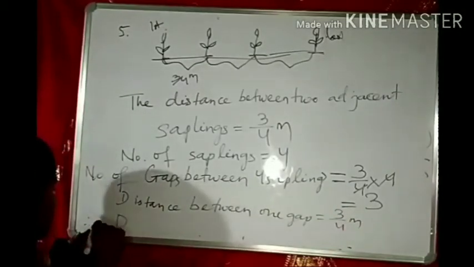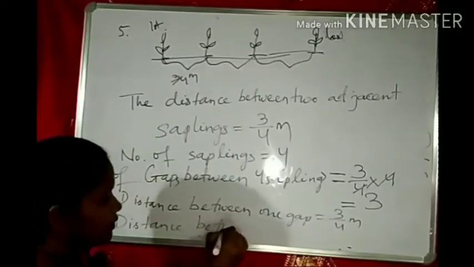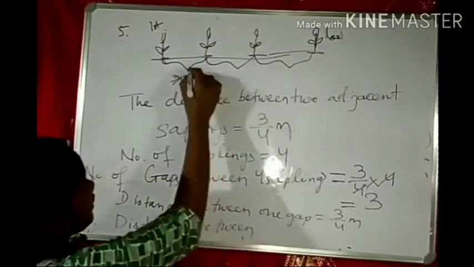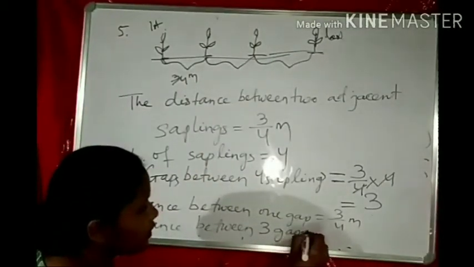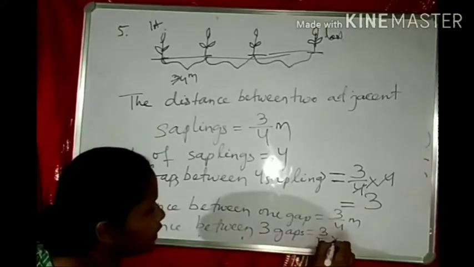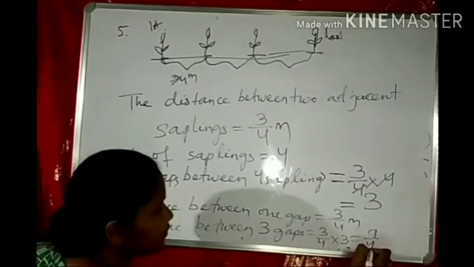So hence the distance between 1, 2, 3, we have found out 3 gaps. 3 gaps equal to 3 by 4 into 3 equal to 3 3s are 9, 9 by 4 meter.